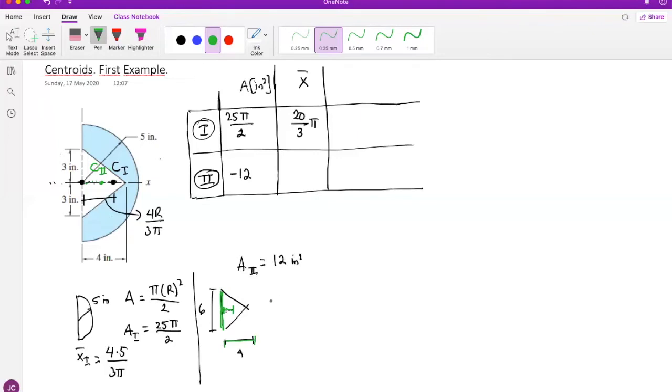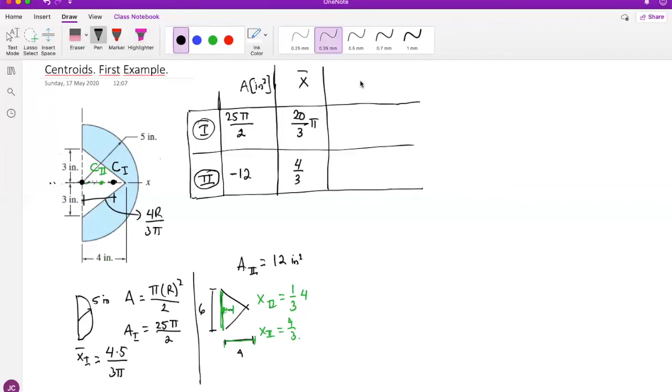So x2 is one third of the total height, which is 4. Therefore, x2 equals 4 divided by 3. So you put 4 divided by 3.